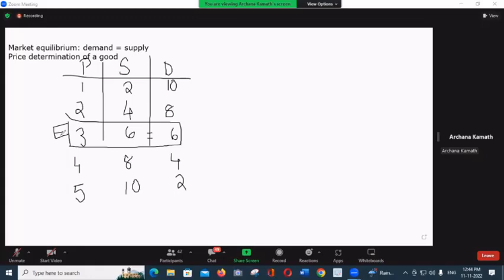So the equilibrium price is rupees 3 and the equilibrium quantity is 6 units. If we draw that on the diagram, you can see here quantity and price.